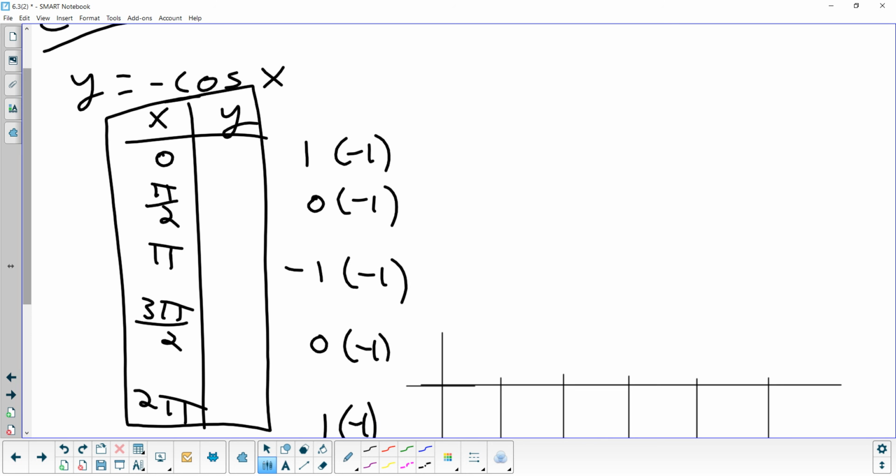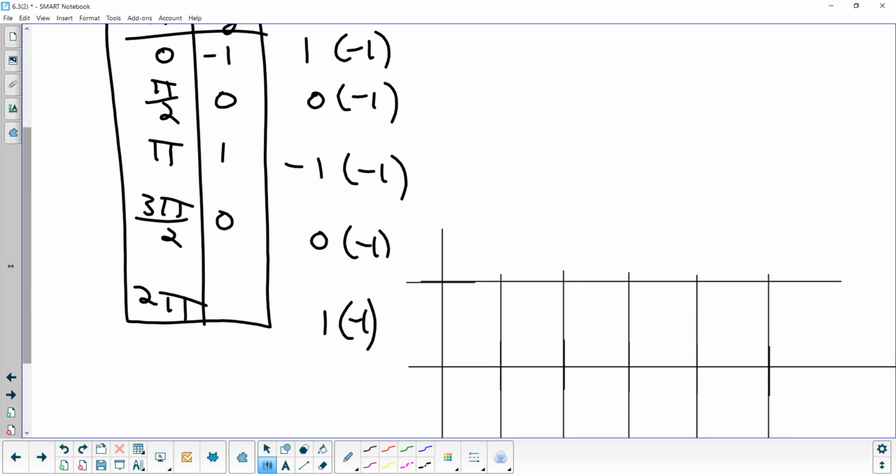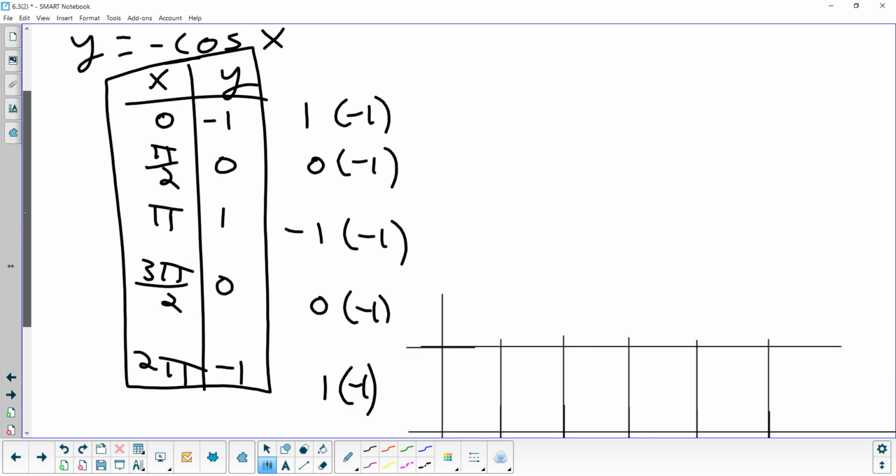And Jack, what do I get if I do that? 0, -1, 0, 1, 0. And those are my new values.